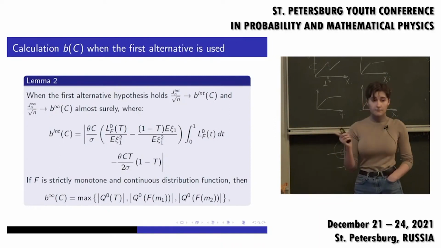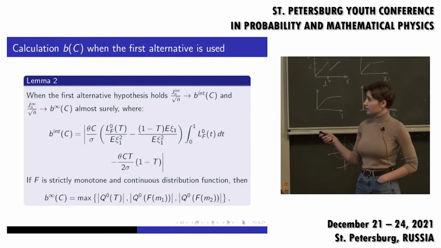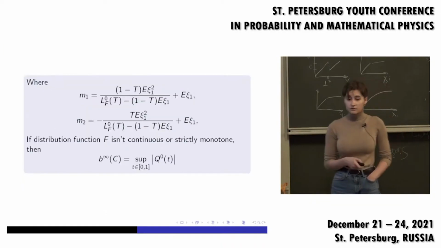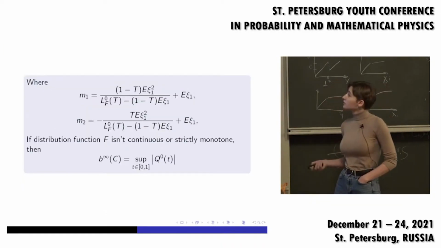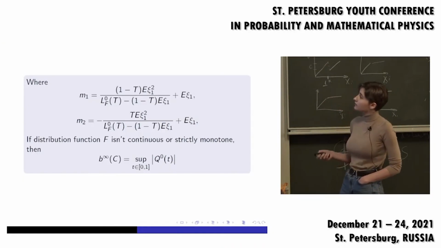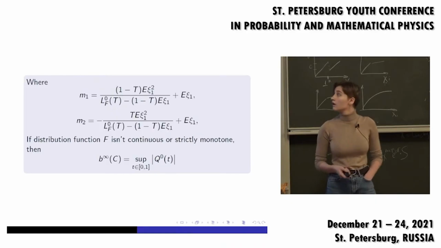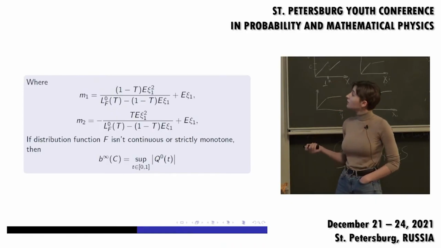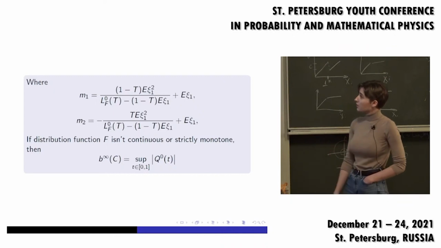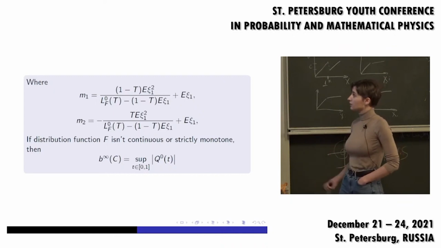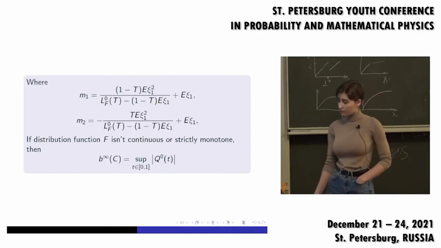If f is a strictly monotone and continuous distribution function, then b infinity of c equals this. If it isn't true, and the distribution function f isn't continuous or isn't strictly monotone, then b infinity of c is just equal to the supremum of Q0 of t when t is from 0 to 1.